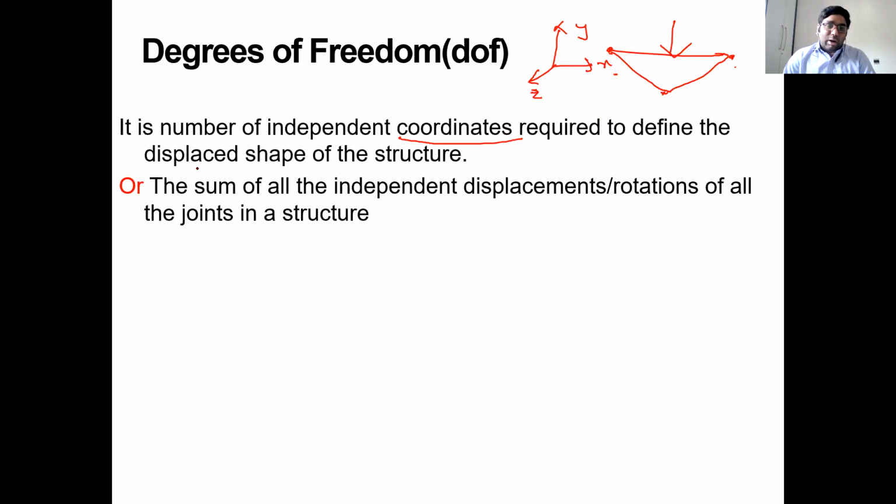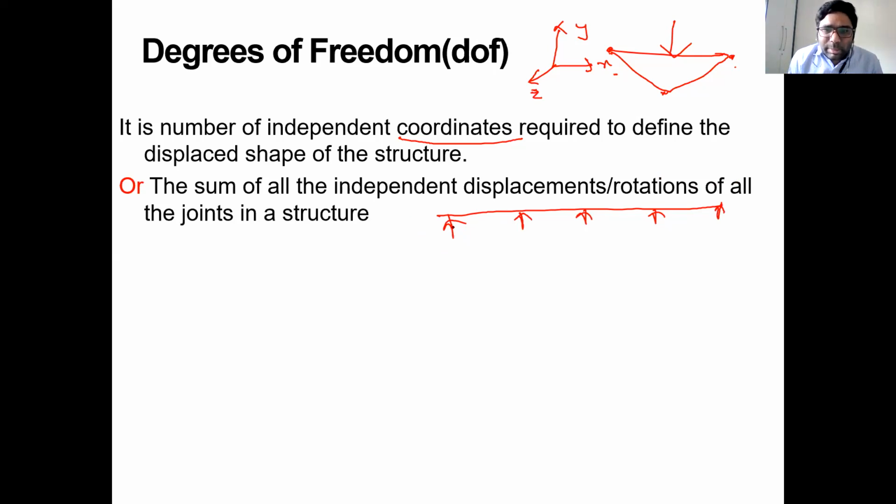Or it can also be defined as the sum of all the independent displacements or rotations of all the joints in a structure. Let us take, for example, I have a member like this. This is one joint, this is one joint, and another one. Total I have 5 joints here, and the sum of all the displacements or rotations of all the joints.